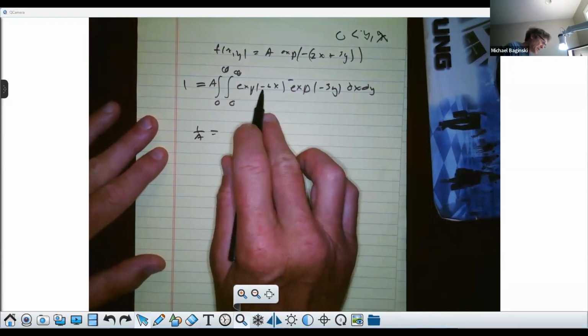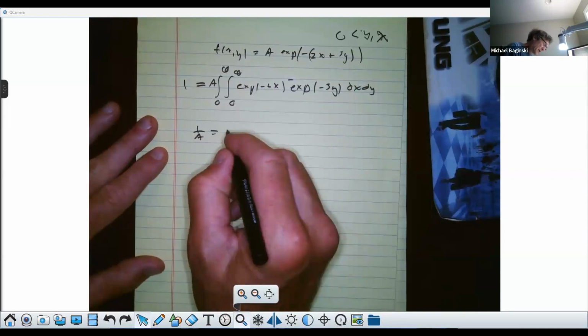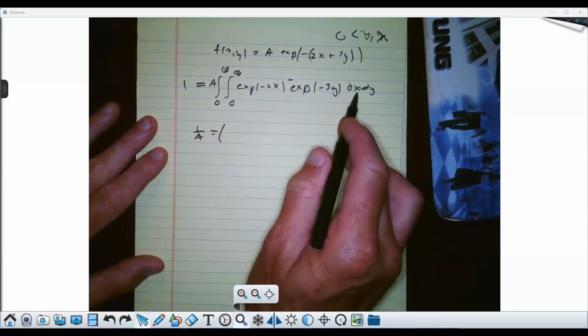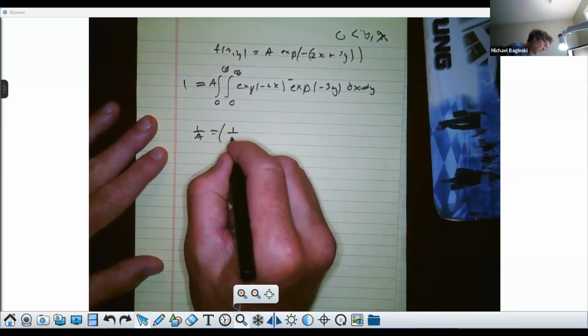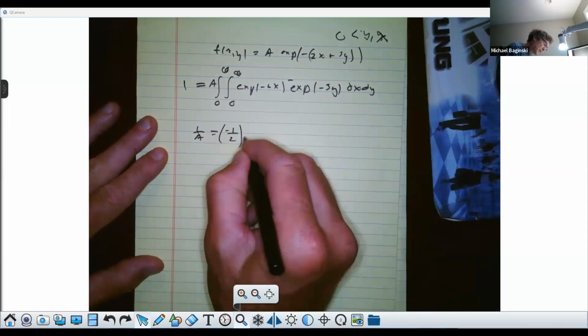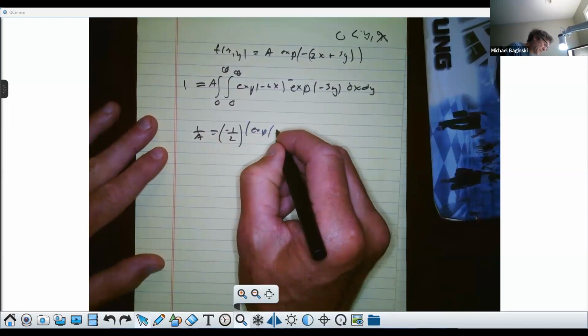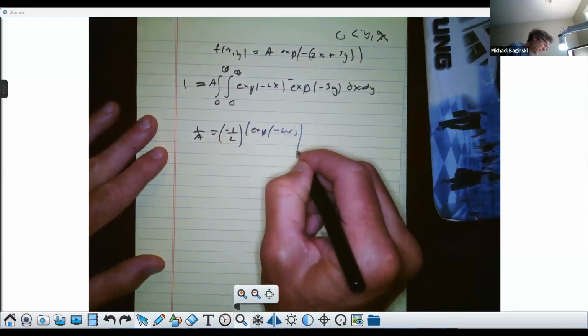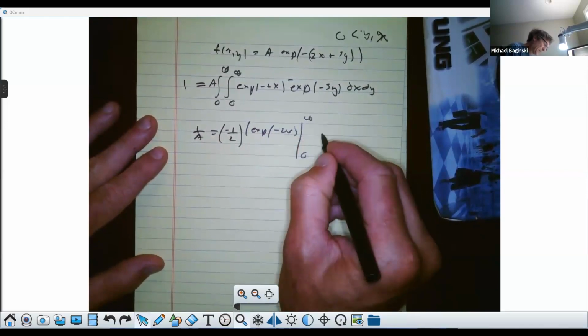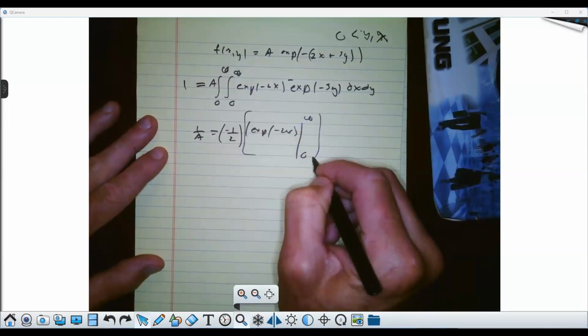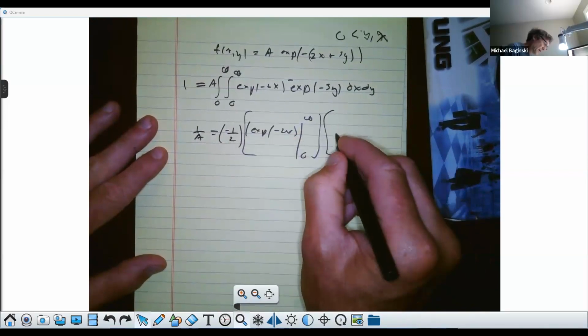Now, when I integrate e to the minus 2x dx, what do I get? It's 1 over minus 2, times exp to the minus 2x, evaluated from 0 to infinity.